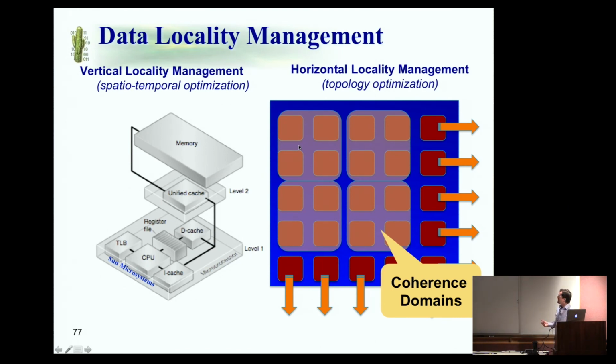The thing that's really going to become a pain is if you imagine we're well on our way to having 1,000 of these processing cores in a chip within the next decade.